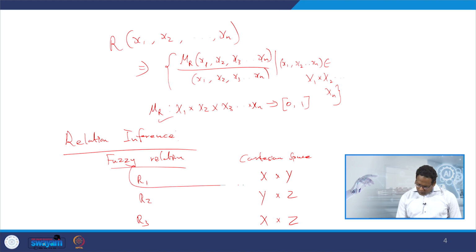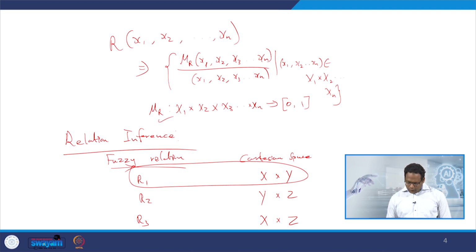So R1 is associated with the Cartesian space formed by x and y universal sets, likewise for R2 and R3.